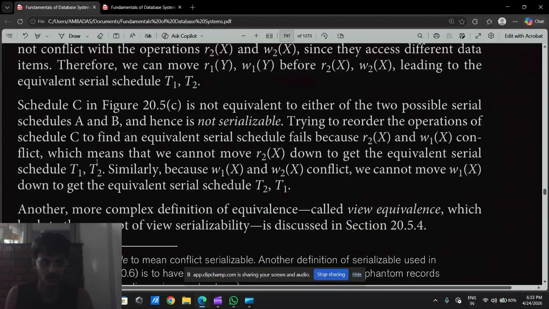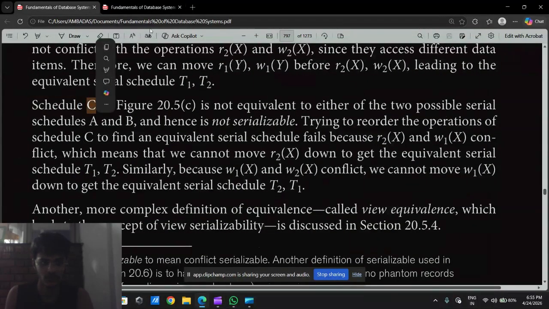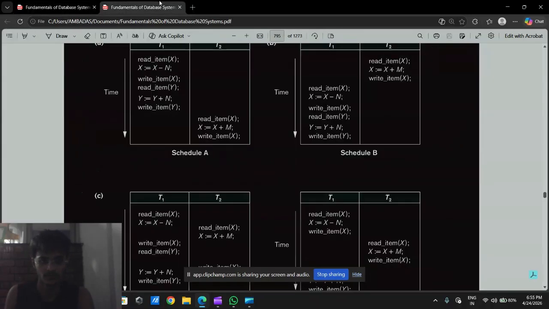So coming to schedule C. See, they have explained here why it's not serializable. Because if we check the relative order of the operations which are conflicting, we'll find that it differs. I'll just highlight it, you guys can read it.